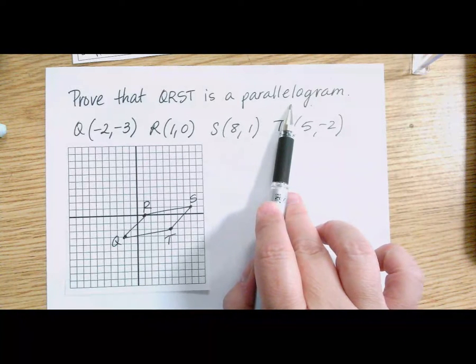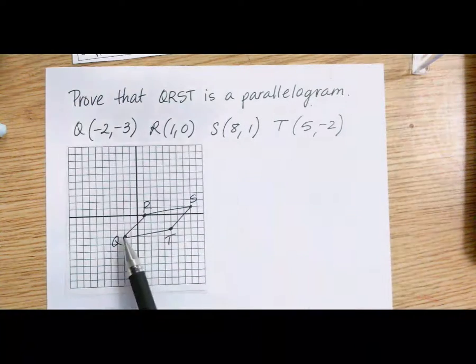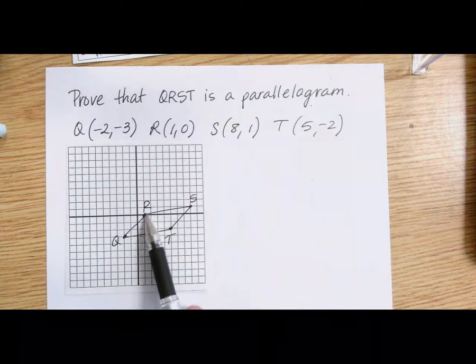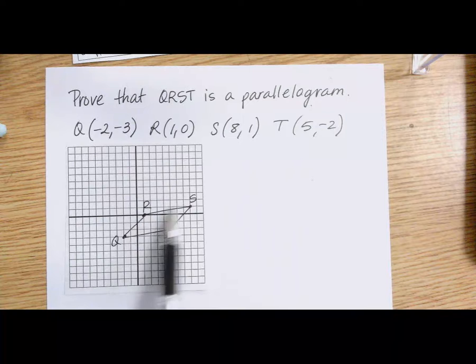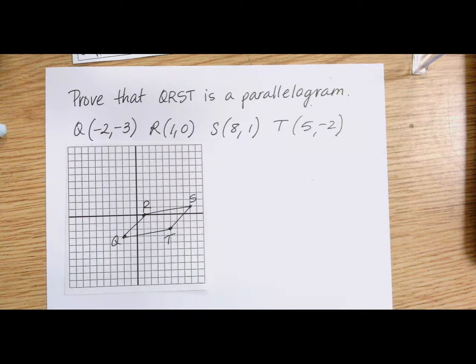In order to show that opposite sides are parallel, I have to find the slope of QR, the slope of TS, and show that those are the same, the slope of RS, and the slope of QT, and show that those two are the same. So I'm using the slope formula 4 times and showing that opposite sides have the same slope, which is what makes them parallel. So that's one way.